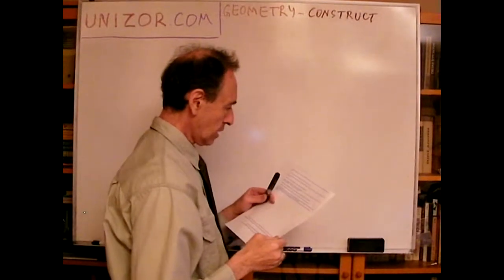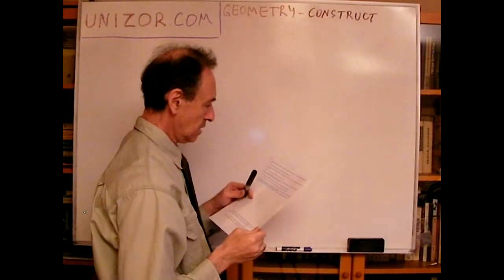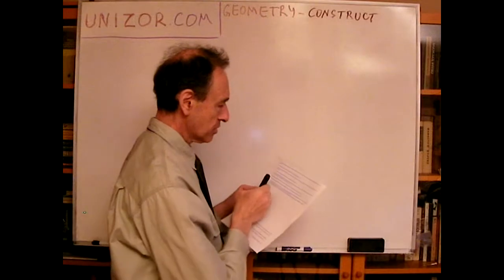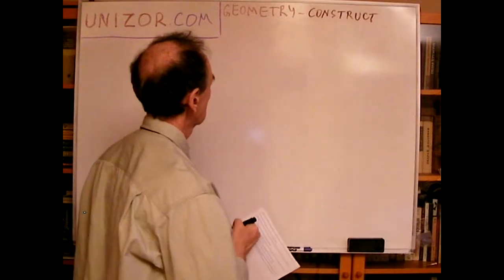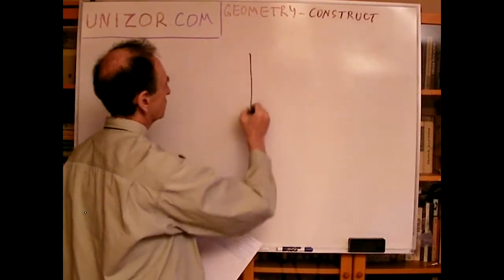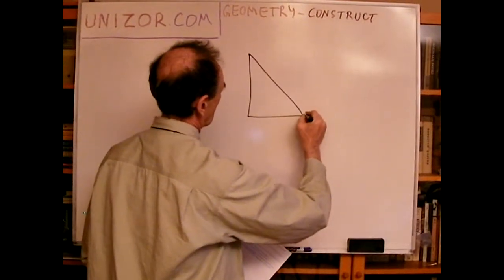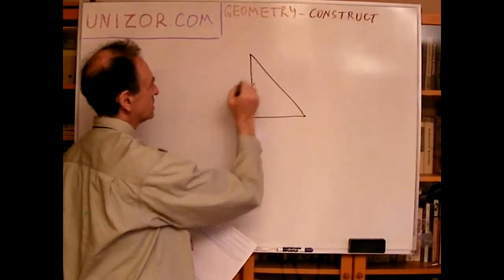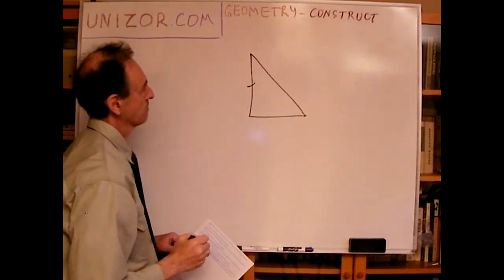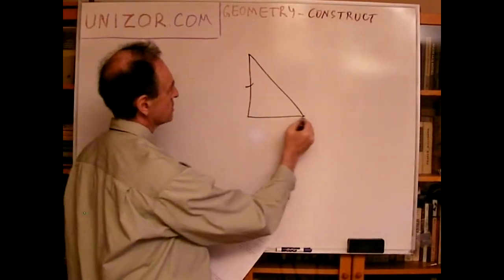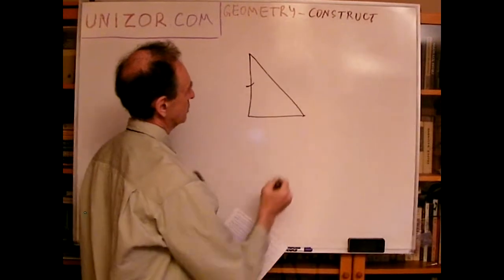Construct a right triangle given one of its legs and the sum of the hypotenuse and the other leg. So we have the right triangle. Now we have this leg, and we have the sum of the other leg plus the hypotenuse.